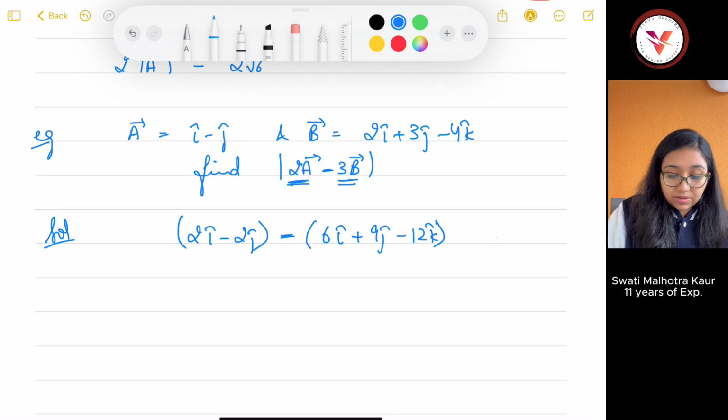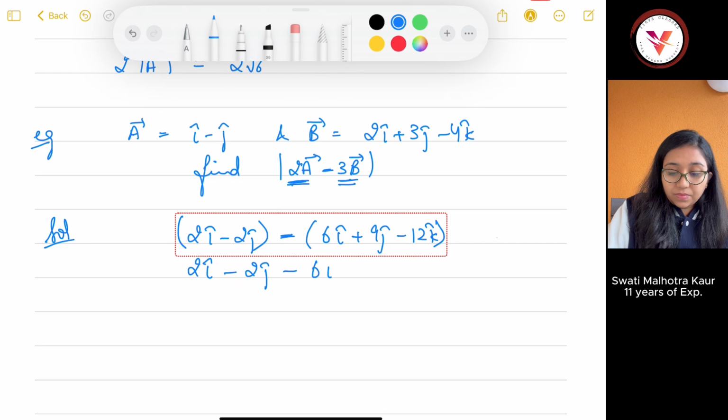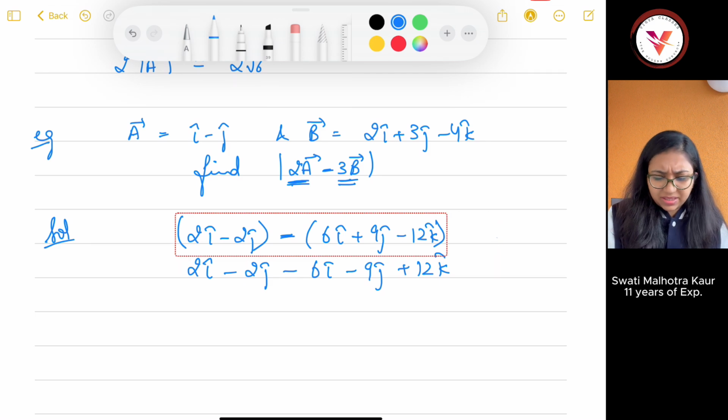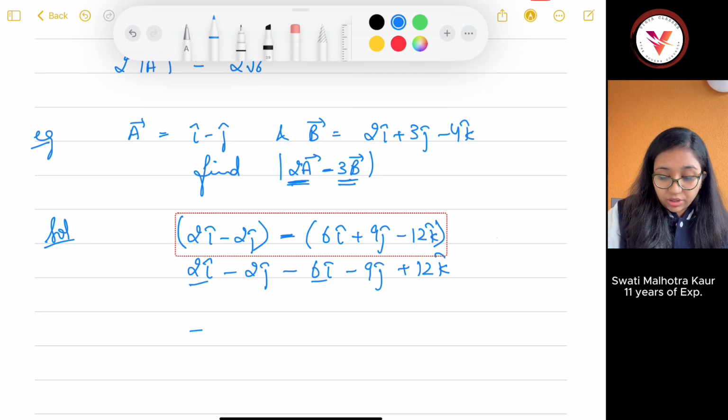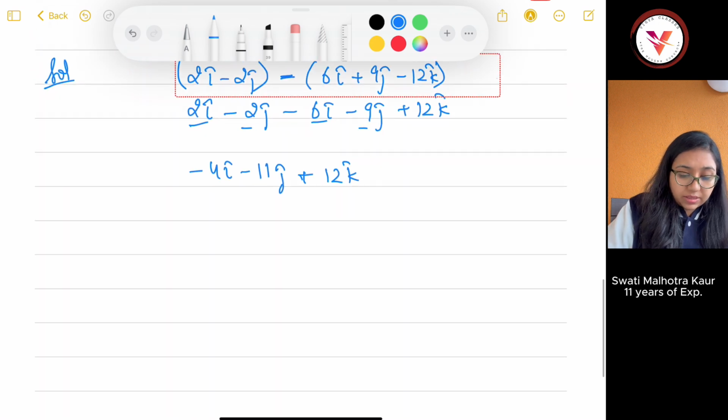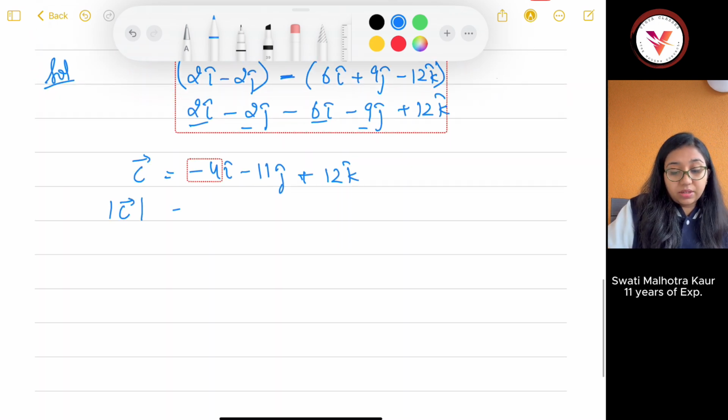You have to take this minus out and multiply everything by minus. Okay, so there is a reversal of sign. That's the basic maths. Then it is minus 4i cap minus 11j cap plus 12k cap, and then you can take its magnitude. Let's take it as a c vector, and then you can get its magnitude.